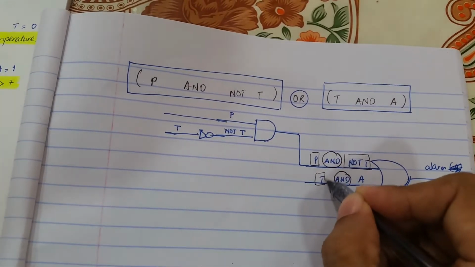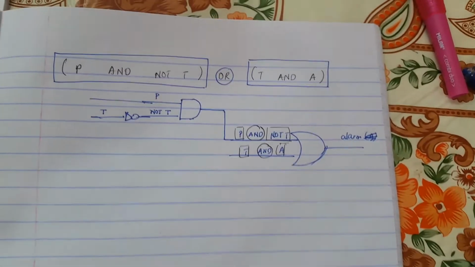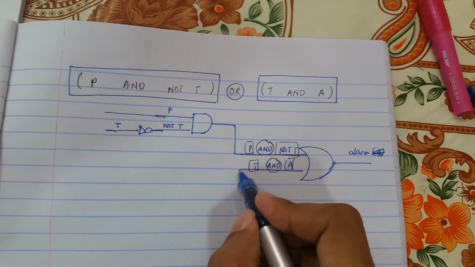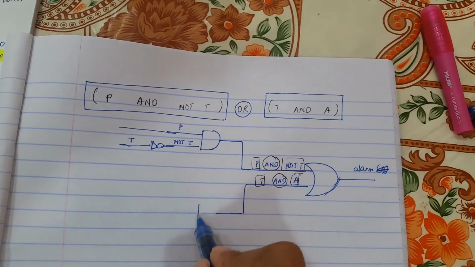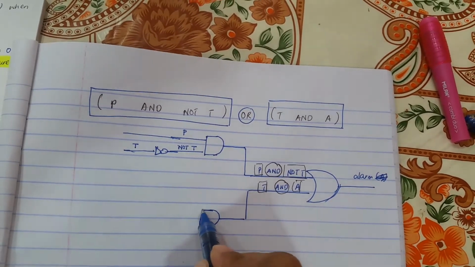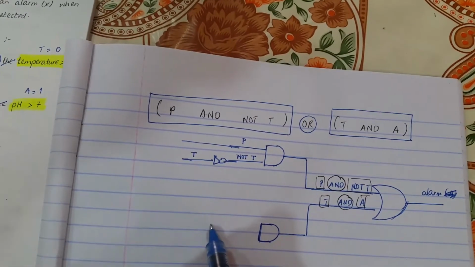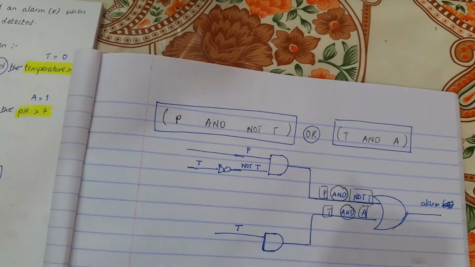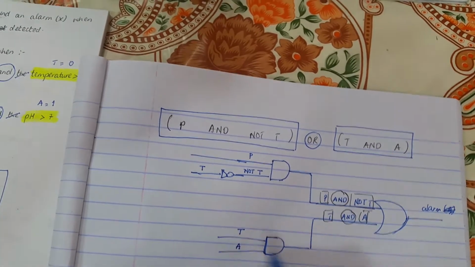On one side you have the input T, on the other side you have the input A. So we break it into the two inputs T and A. I am going to have my AND gate. On one side I will have T, on the other side I will have A.